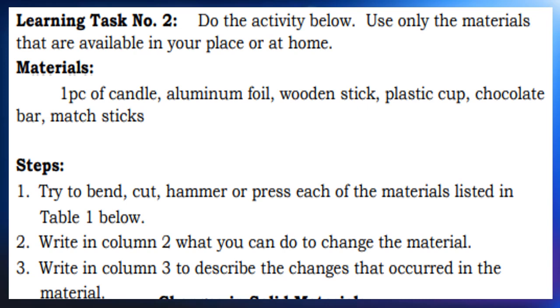First, try to bend, cut, hammer, or press each of the materials listed in table number 1. Number 2, write in column 2 what you can do to change the material. Number 3, write in column 3 to describe the changes that occurred in the material.